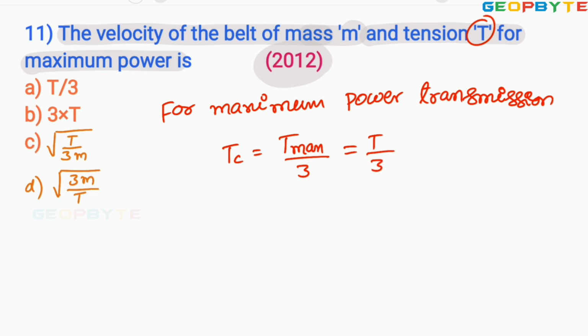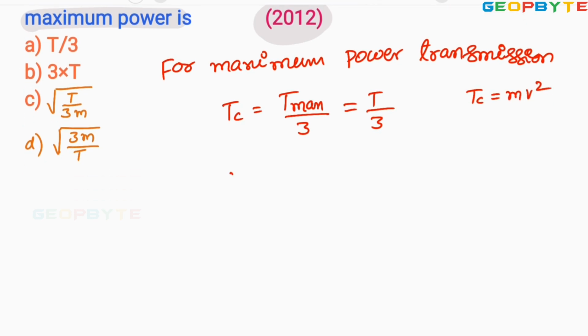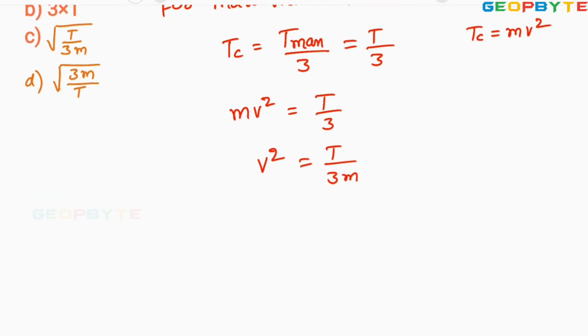But what is the centrifugal tension? Centrifugal tension equal to mv square. Therefore, mv square equal to T by 3 or V square equal to T by 3m, where m equal to mass of the belt. Therefore, velocity equal to root over maximum tension divided by 3m.